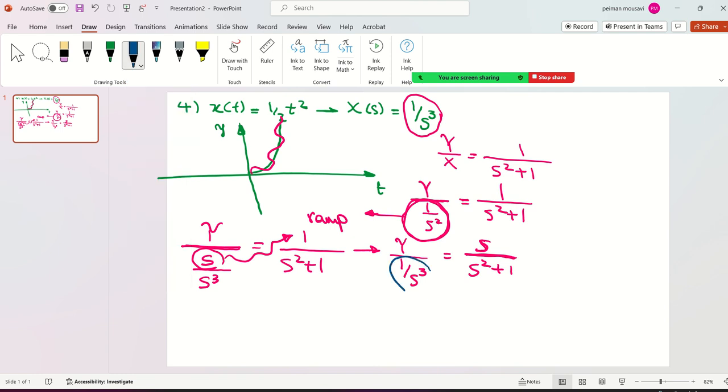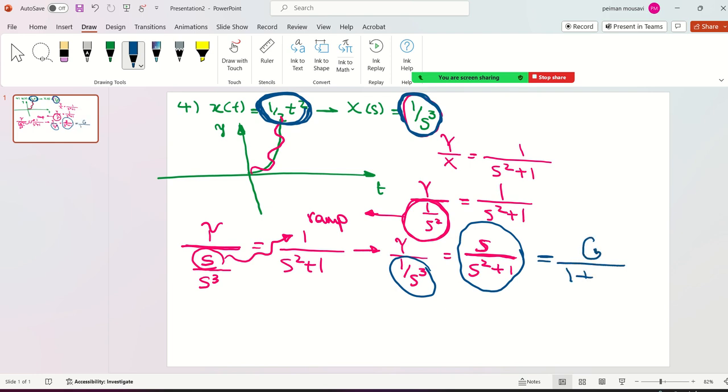Now what is this? I just taught you. Parabolic. So this is parabolic. But I changed the closed loop transfer function. So I have to find the new open loop transfer function.